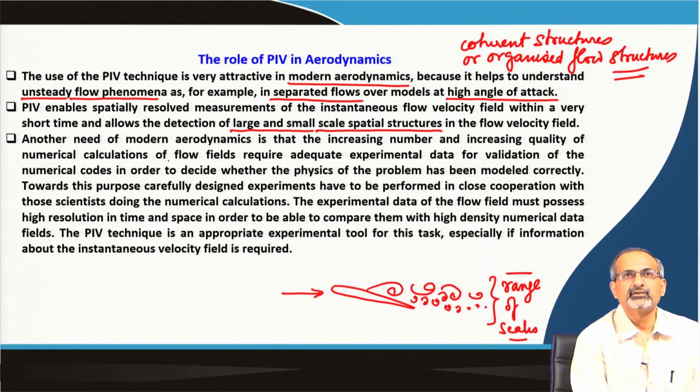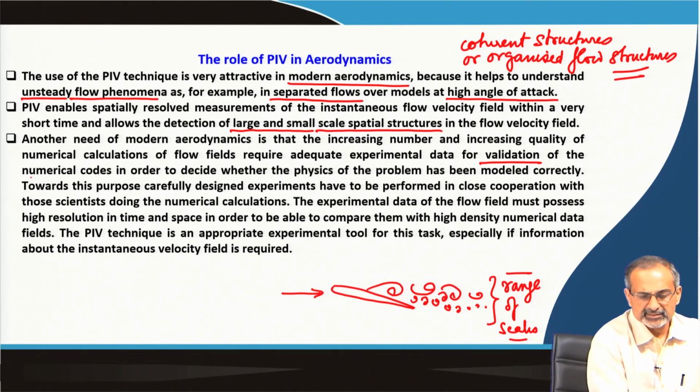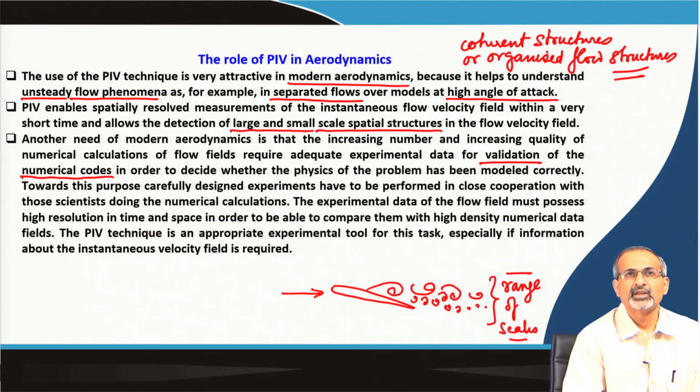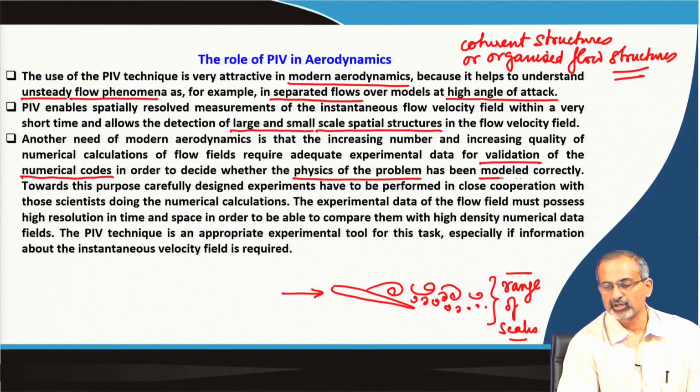Another need of modern aerodynamics is that an increasing number of high quality numerical calculations require adequate experimental data for validation purposes. So, you do have a large number of high resolution numerical calculations, but we do not always have enough experimental data for validation, and validation is essential for numerical codes, especially newly developed ones, so that we can ascertain whether the physics of the problem has been appropriately modeled or not.